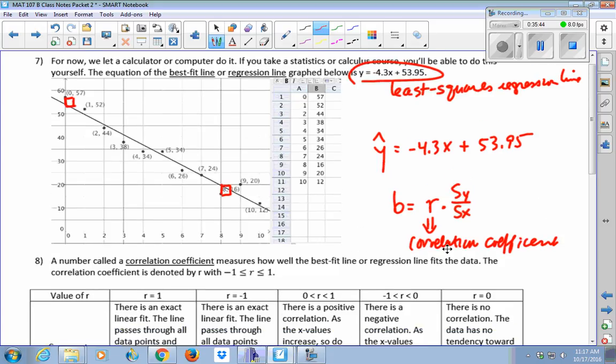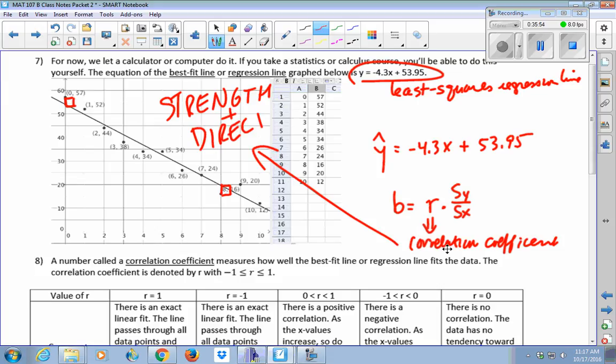What this correlation coefficient tells us is the strength and the direction, both. This numerical measure tells us the strength and the direction of the linear relationship between these two variables. So that's what you need to remember.